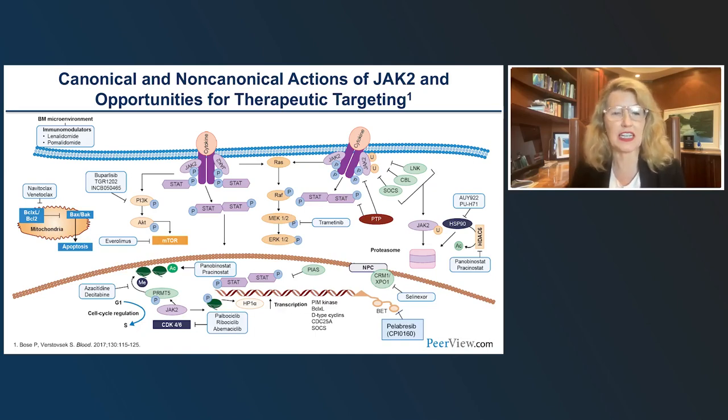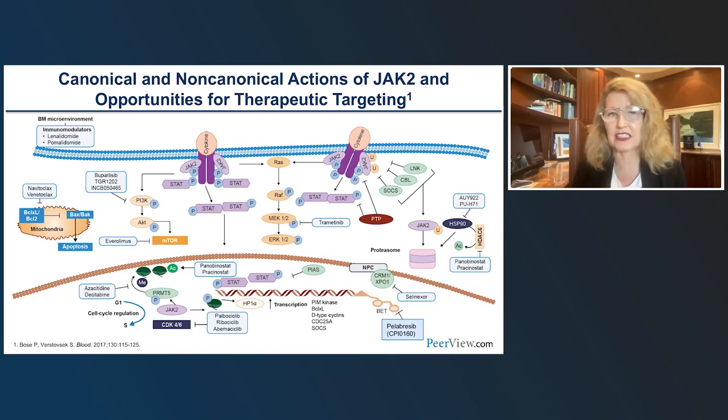When you look at what the JAK2 signaling pathway does, it can actually activate downstream signaling pathways that promote survival, in part through STAT3 and STAT5 activation of pro-survival proteins, BCL-XL and BCL2. We've been in a very good position recently because of lessons learned from acute myeloid leukemia that BCL2 inhibition can be life-saving.